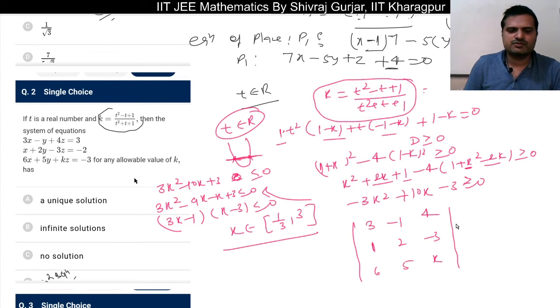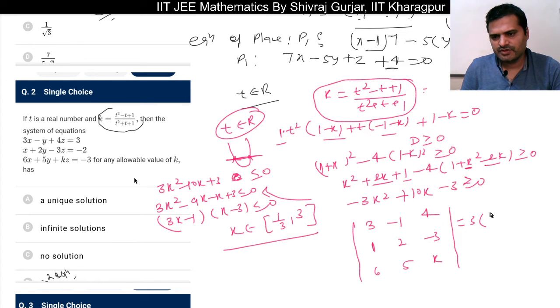Okay, so we need to find out 3 times (2k plus 15) plus 1 times (k plus 18) plus 4 times 5 minus 12, that is minus 7.